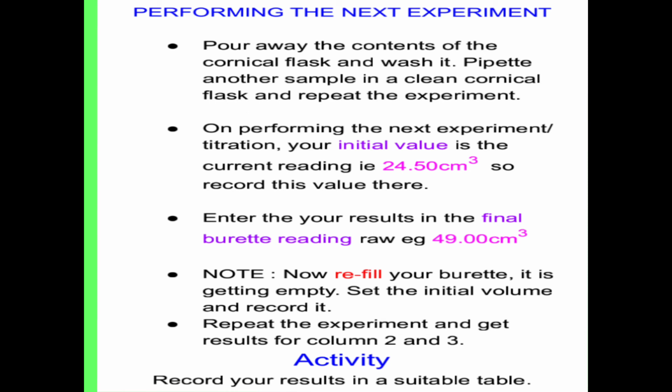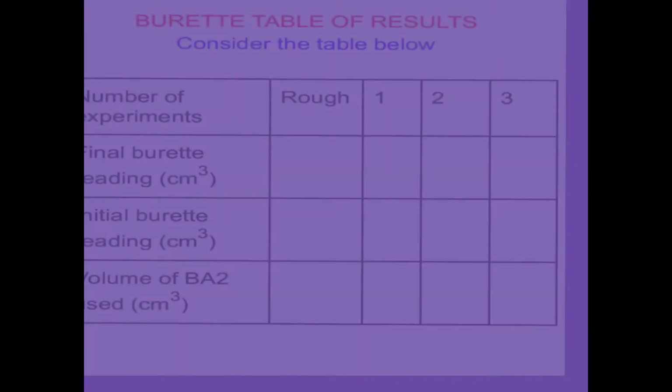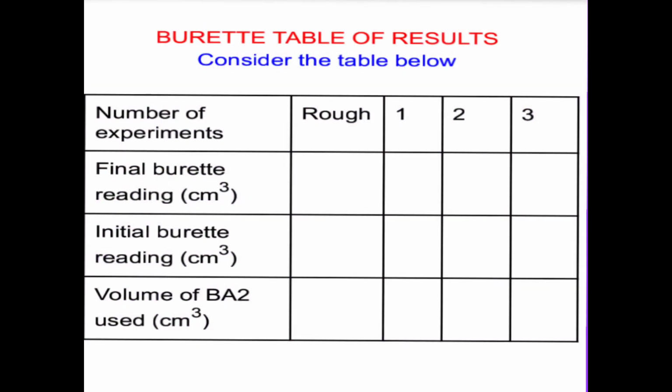We are going to titrate and we get the final burette reading. Assuming we get our final burette reading as 49.00, we shall go to our final burette reading row and enter that value there.